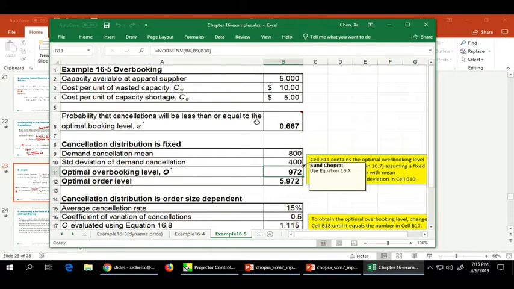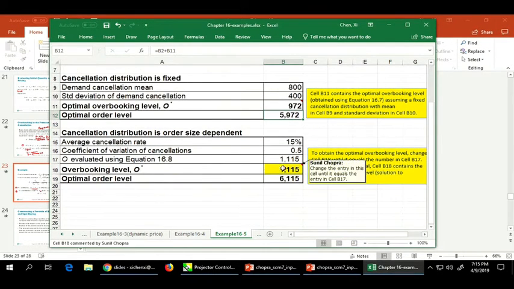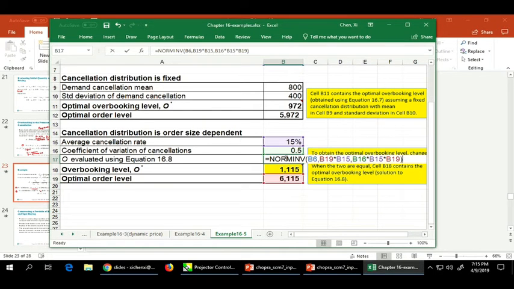So this optimal overbooking level is easily solved by using the norm inverse function. But this overbooking level is tricky to solve. Basically, we need to calculate the right-hand side of this function.